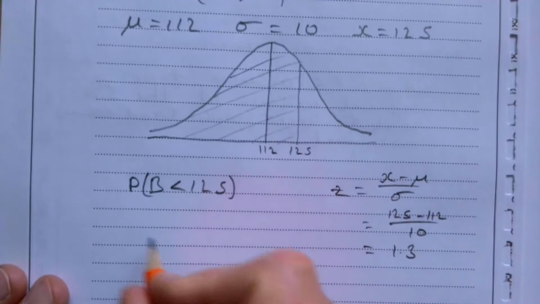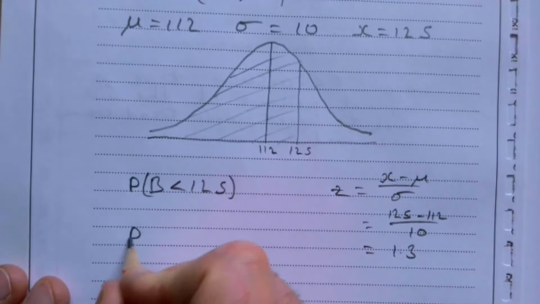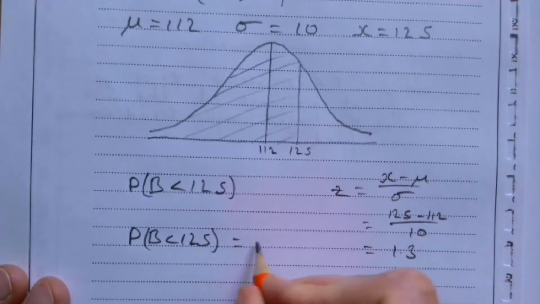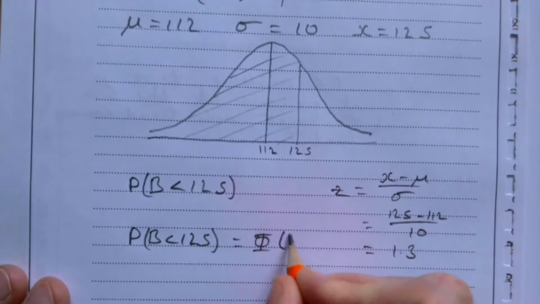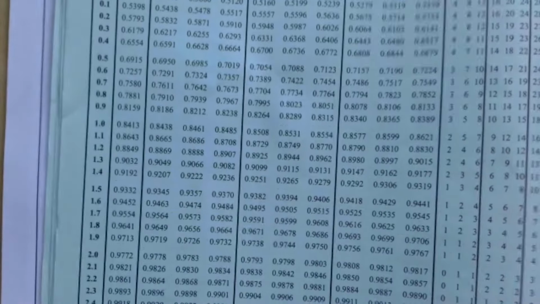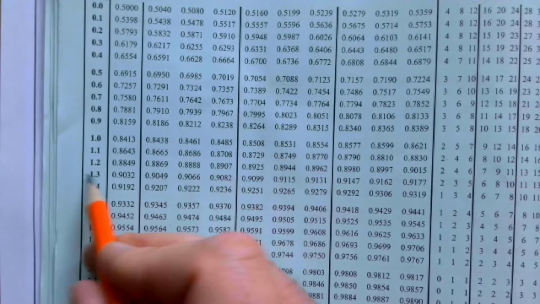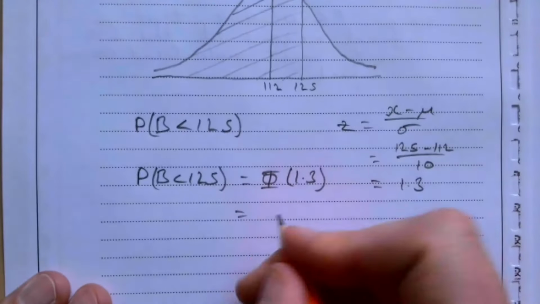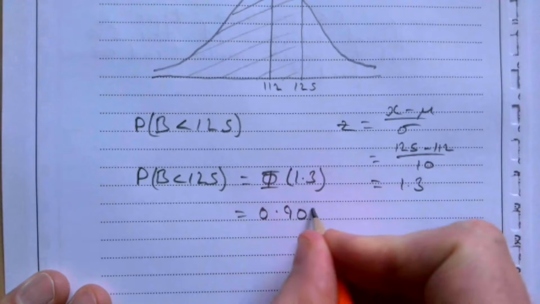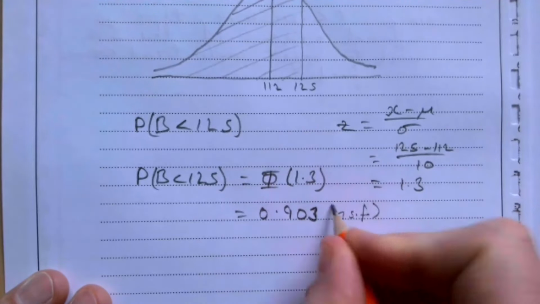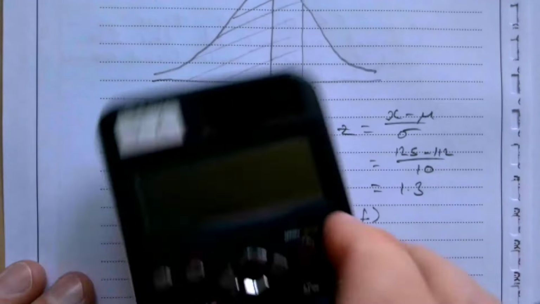So we're trying to find our area whenever our z value is 1.3, and if we look that up, there's 1.3 there, and it's 0.9032. To three significant figures, 0.903.